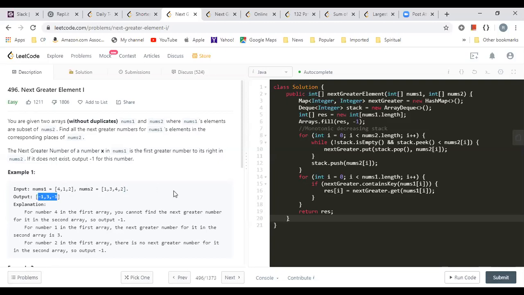So guys, a question: forget about this mapping, I don't like it, just make it simpler. You are given an array, and if I ask you to figure out the next number greater than 1 towards the right, do you already know the solution or not?